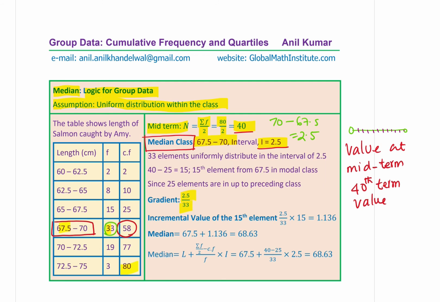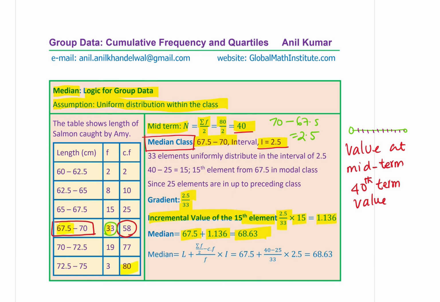So the incremental value of the 15th element will be 2.5 divided by 33 times 15, which is 1.136. Adding 1.136 to 67.5, the lower bound, we get the estimated length for the median, and that is 68.63. That is how you find it.